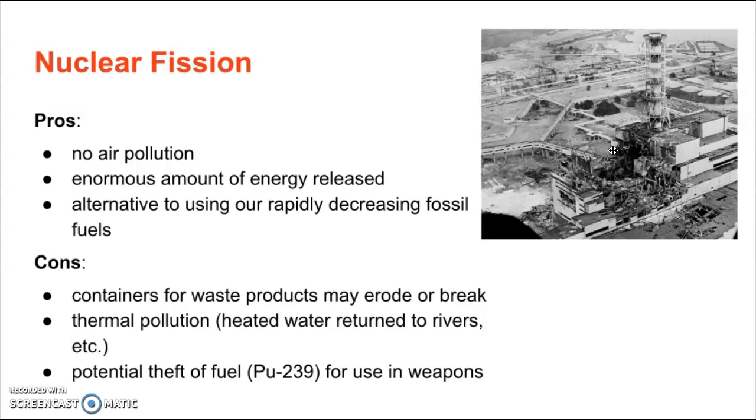There's thermal pollution, which means that the heated water that we use is returned to rivers, which can then cause problems. And there is also a potential theft of fuel that we use in nuclear weapons, because nuclear weapons are highly sought after by countries because it is a very powerful device.